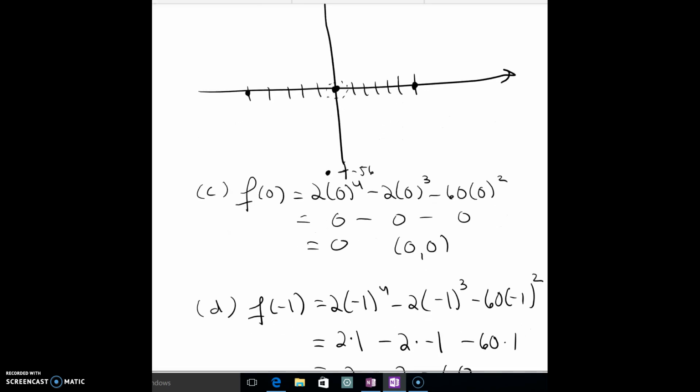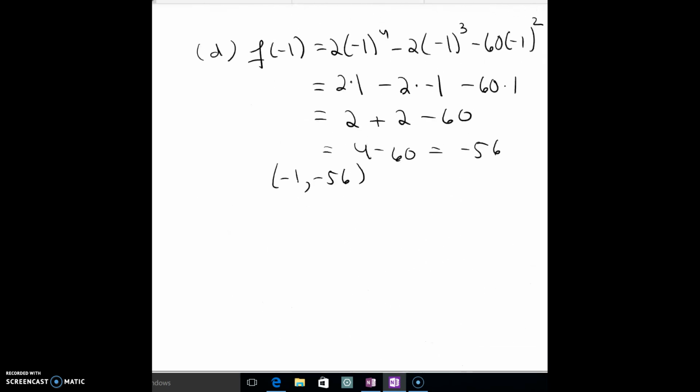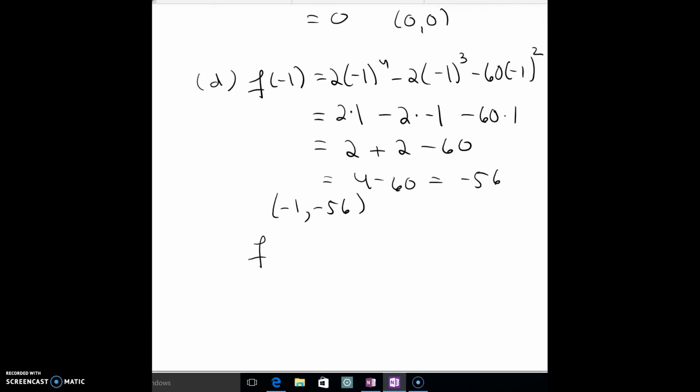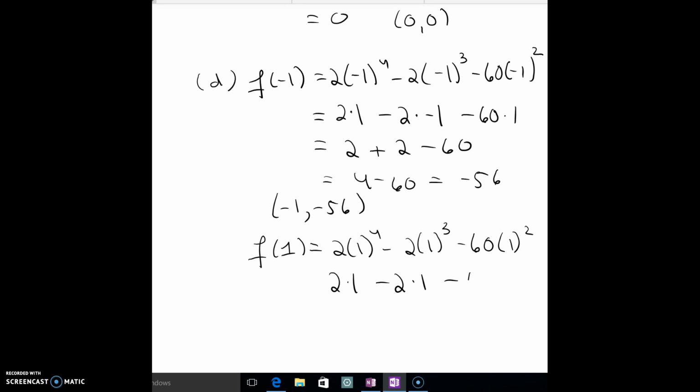And then we're also going to test a point between 0 and 6. And again, I'm just going to let this one equal 1. So f of 1 is equal to 2 times 1 to the 4th minus 2 times 1 cubed minus 60 times 1 squared. We get 2 times 1 minus 2 times 1 minus 60.